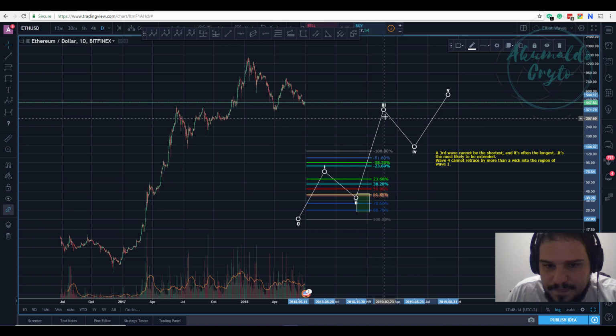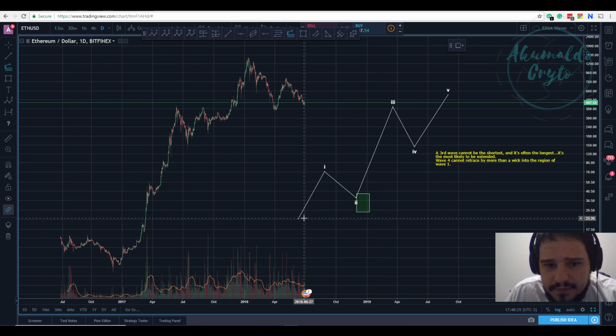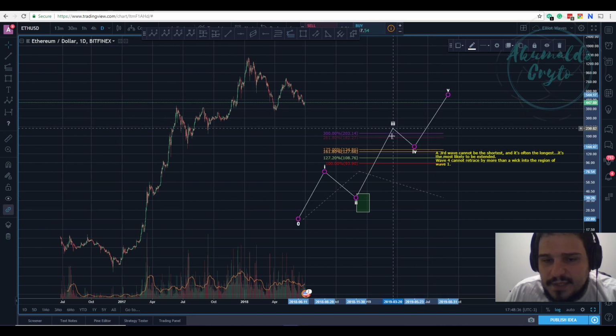Then, as I said, we have our wave 3. If we use our fib extension, from the beginning of wave 1 to the top of wave 1, and we project it from wave 2, the common spot for wave 3 is 161.8 to 175% of wave 1.